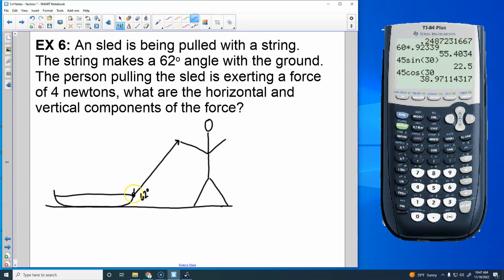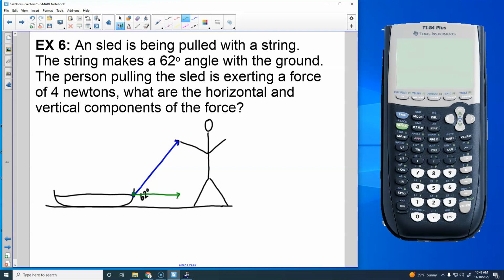So this is a similar problem. We've got a resultant vector is what we've been given. As you pull the sled along the ground, your goal is for the sled to move horizontally. So the most efficient way to pull this sled would be if you only pulled it with a horizontal force.